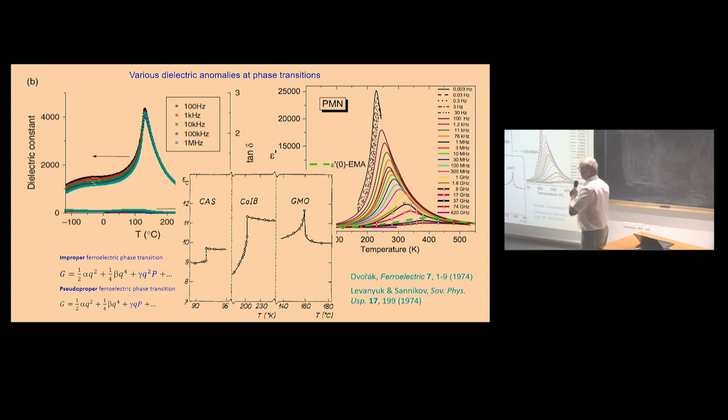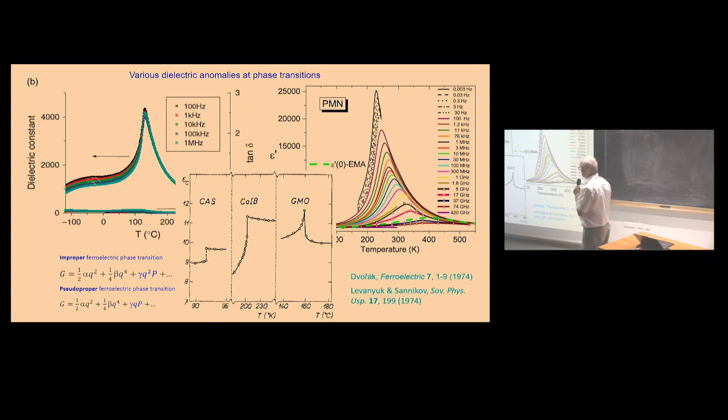But imagine that you have also another order parameter. In this case, you can have a quadratic coupling of an order parameter, which is not polarization in this case, but it is coupled with polarization. And then this coupling is inducing polarization. Due to this coupling, the polarization is weak. It also is responsible for a small dielectric anomaly, but it can exist. And I will show you an example on the next slide.